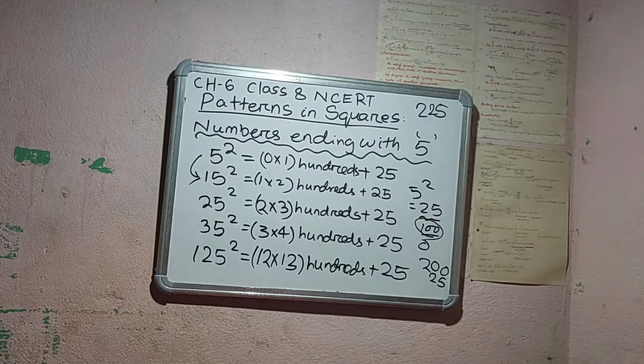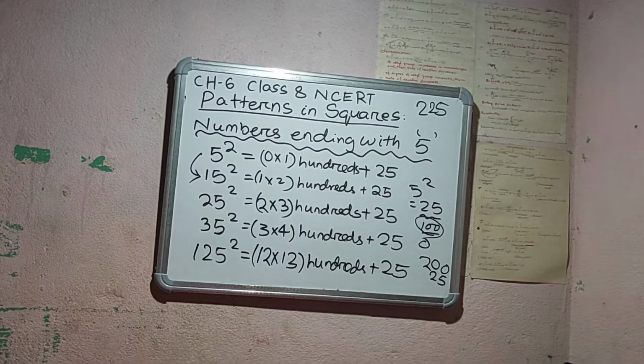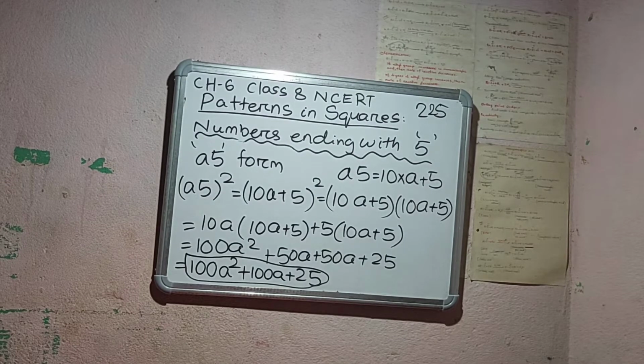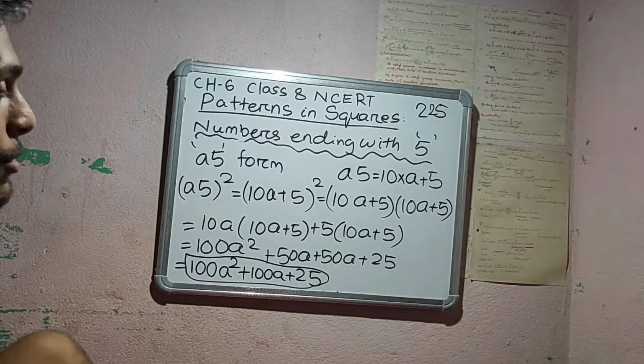To find the formula, one formula is applied to finding the squares of numbers ending with the digit 5. It may be 5 or 105 or 1005, any digit number. So we have to generalize the number that is ending with 5.